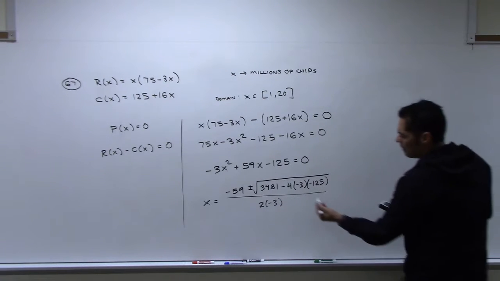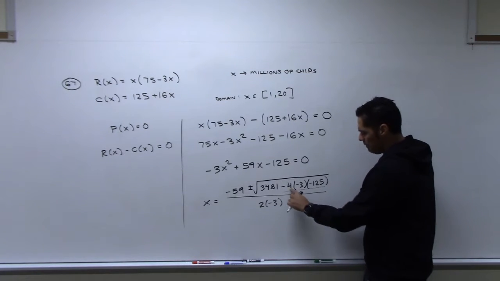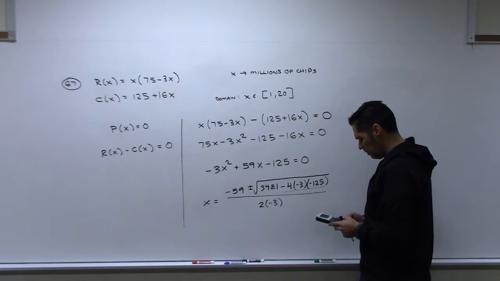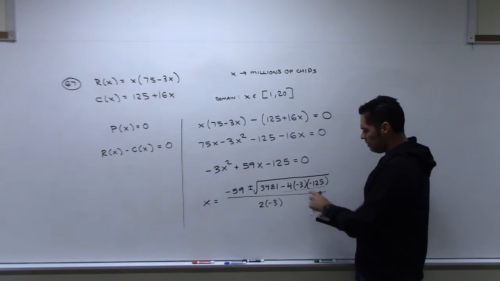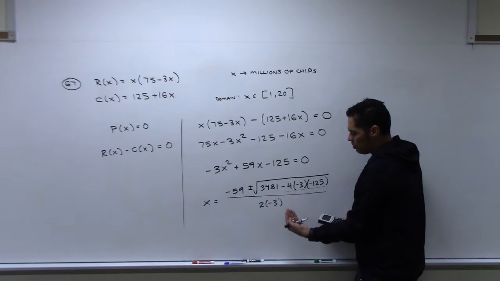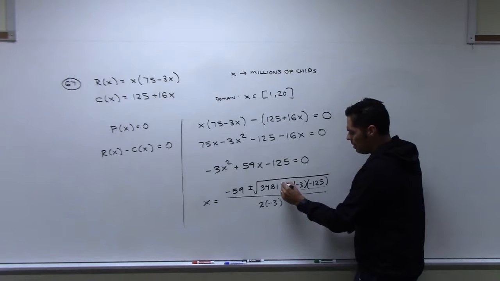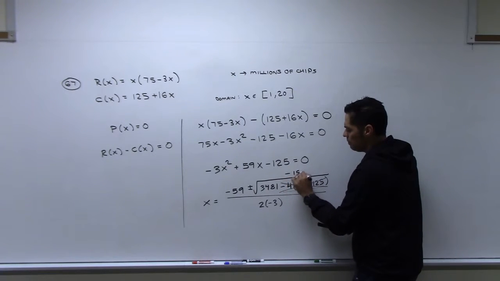I'm going to go ahead and figure out what this is right here. So I like to do it this way. 4 times negative 3 times negative 125. That gives me, without the minus sign, a positive 1,500, but then I'm going to subtract it. So all of this here really becomes minus 1,500.